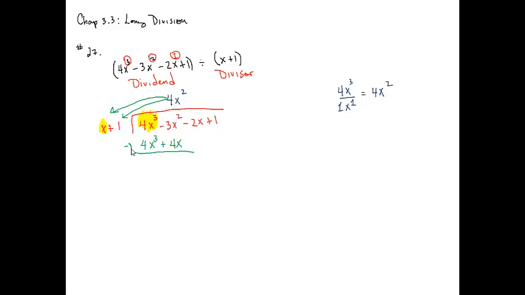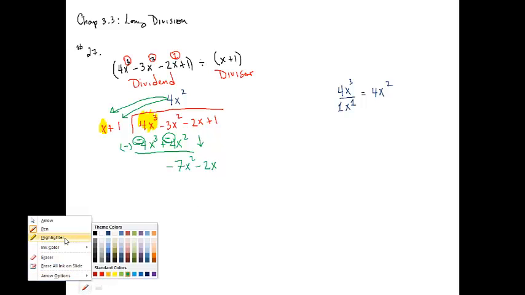And then you subtract them, which means this becomes a negative and this becomes a negative as well, or a minus sign. These cancel out, and I end up with negative 7x squared.